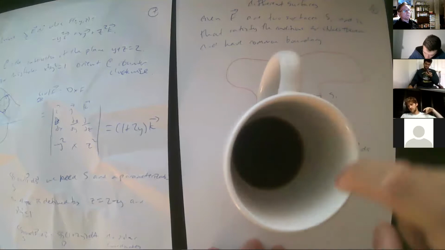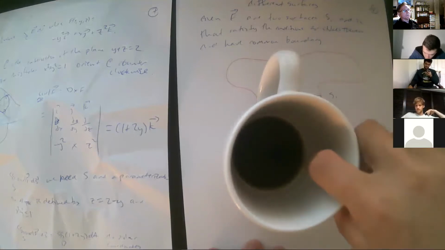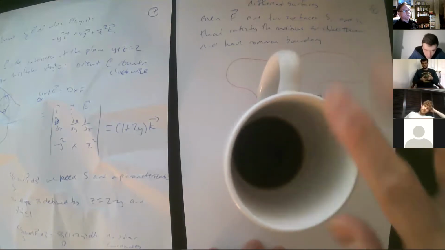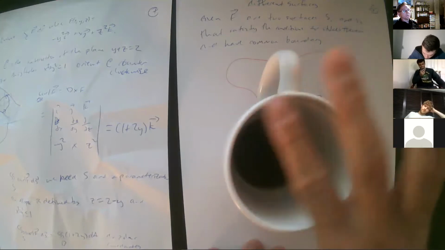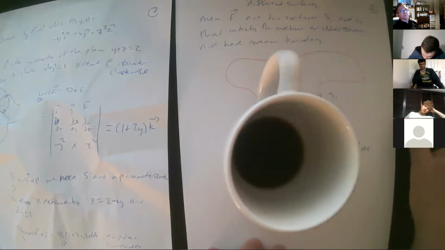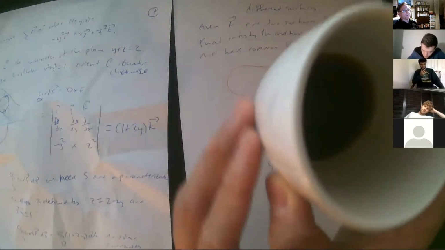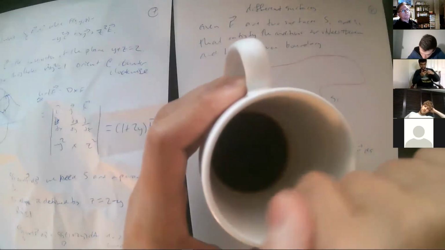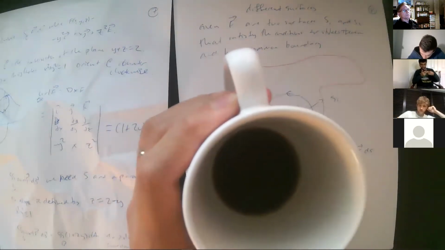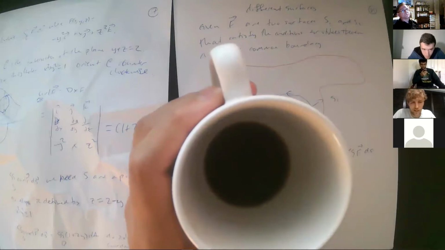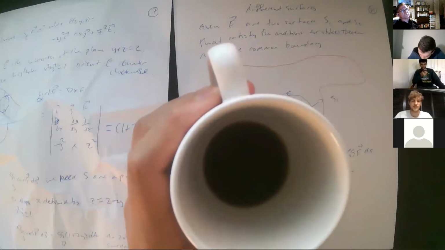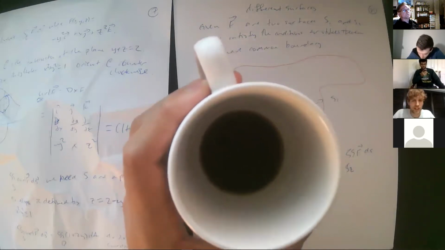S1 is not this stuff inside here. S1 is only this top layer. But S2 in this case is all this stuff over here on the outside and the stuff on the inside. Okay, that makes sense.